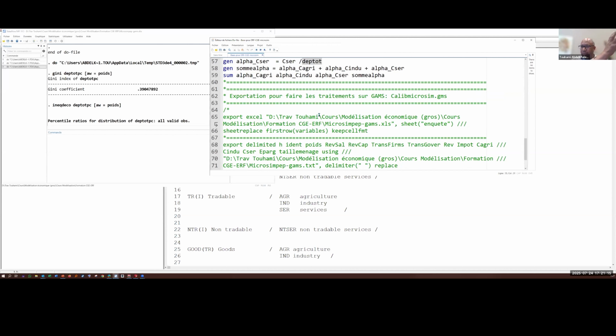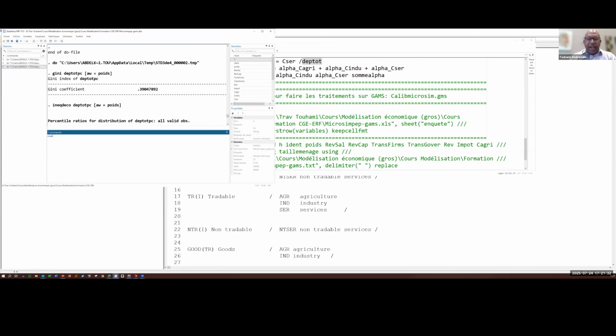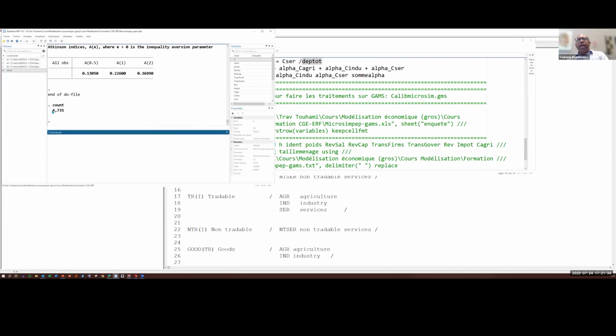We have the CGE model at an aggregated level with one category of households, and the other piece is the survey with all the data household by household, and this is the number of households we have in our survey. So in the fully integrated approach, we have to model the behavior of all these households inside the CGE model.